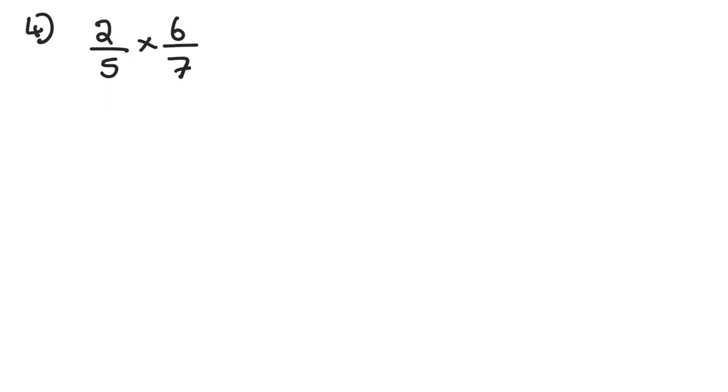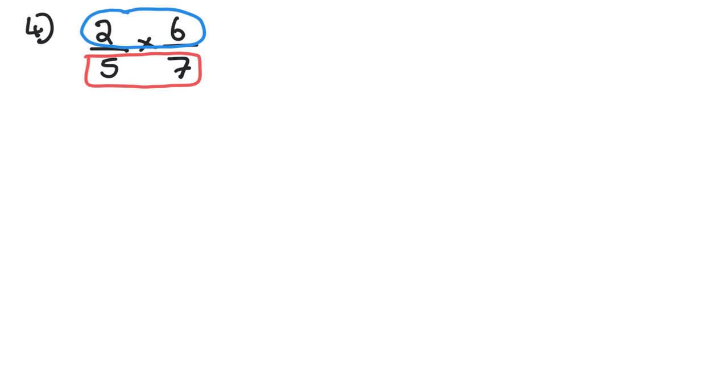Let's multiply two fractions. 2 over 5 times 6 over 7. When it comes to multiplying fractions, you don't have to worry about making the denominator same. You multiply two fractions by simply multiplying the numerators together and multiplying the denominators together.